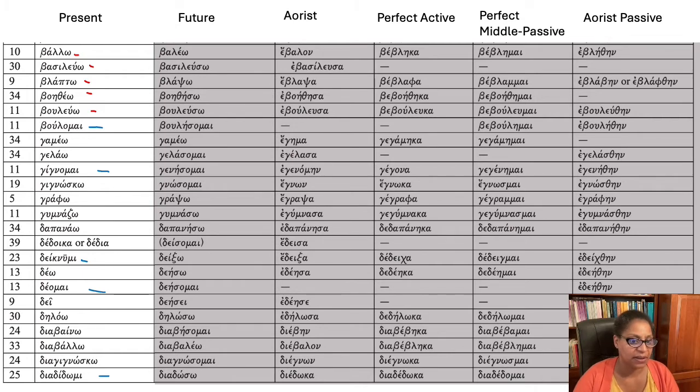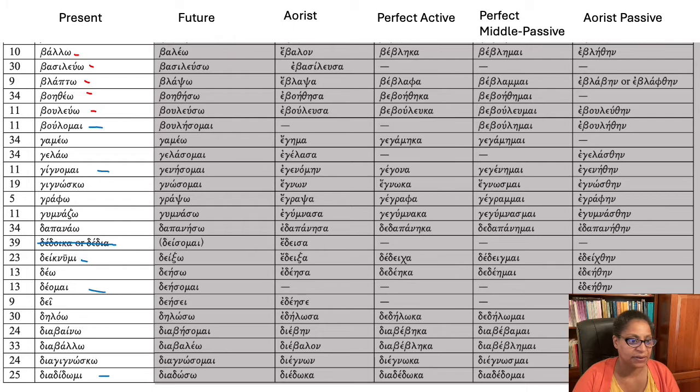So we have, for example, dedoika and dedia. These are actually perfect, so we're going to scratch them out. And for now, we'll deal with them when we get to the perfect.